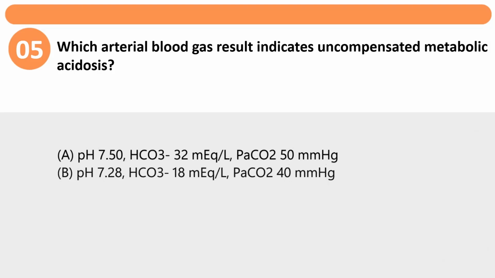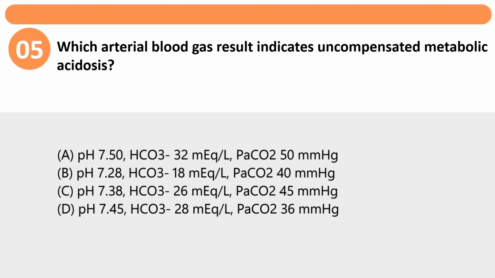Which arterial blood gas result indicates uncompensated metabolic acidosis? A. pH 7.50, HCO3 32 mEq/L, PaCO2 50 mmHg. B. pH 7.28, HCO3 18 mEq/L, PaCO2 40 mmHg. C. pH 7.38, HCO3 26 mEq/L, PaCO2 45 mmHg.